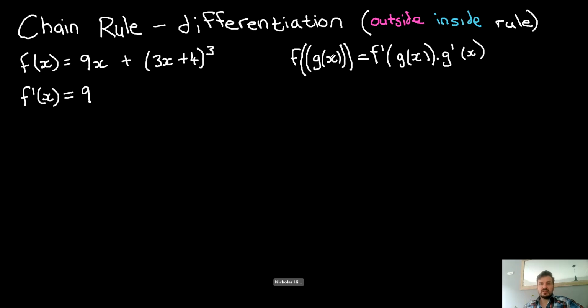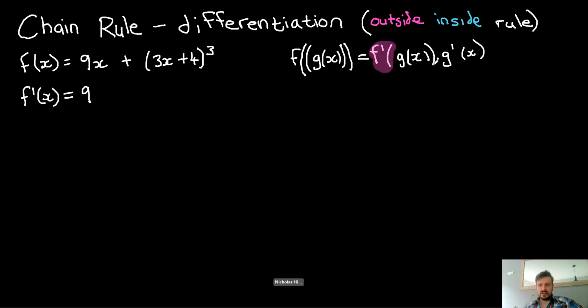And so what's simple to remember is that it's often called the outside-inside rule. So what do we mean by that? Well, we look at the outside as being the function.